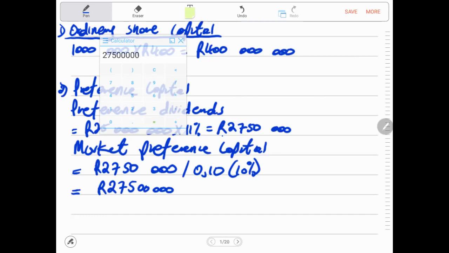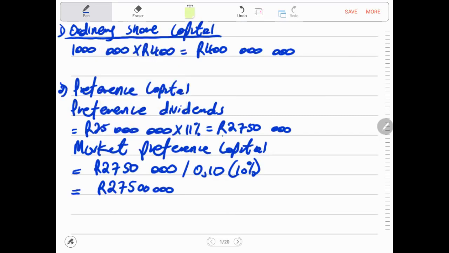Yes, 27,500,000 rands, not 2,750,000. So now this is our capital according to the market. This is the market capital, preference shares according to the market rate of 10%. So now this is how you normally do the conversion.